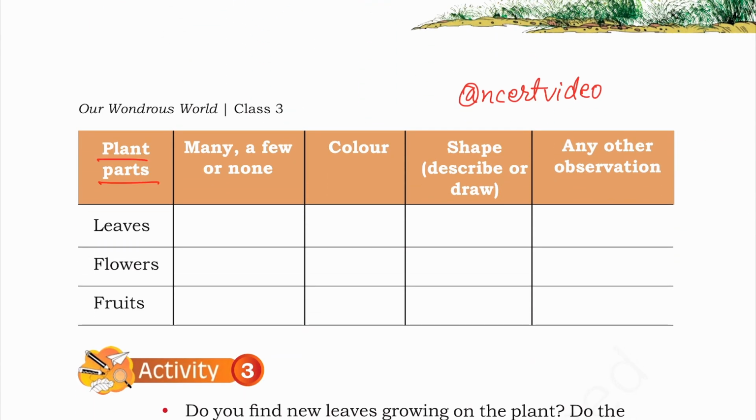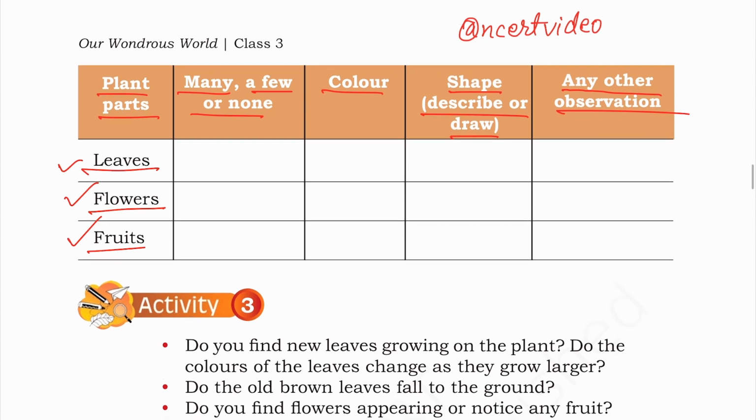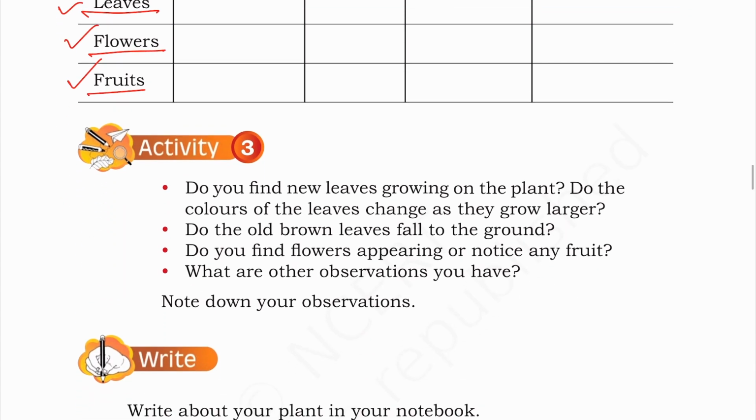Plant parts: leaves, flowers, fruits. Many, a few, or none. Color, shape, describe or draw. Any other observation? You have to write it here about the leaves, flowers and fruits after observation.